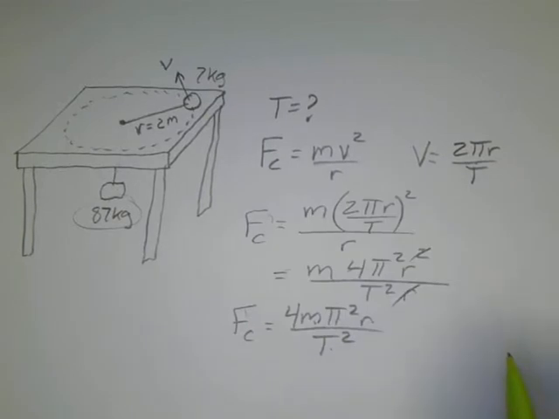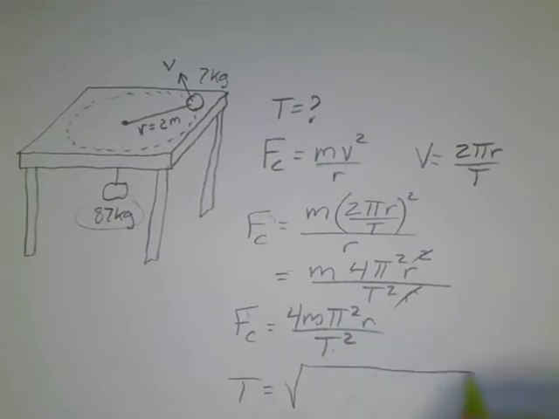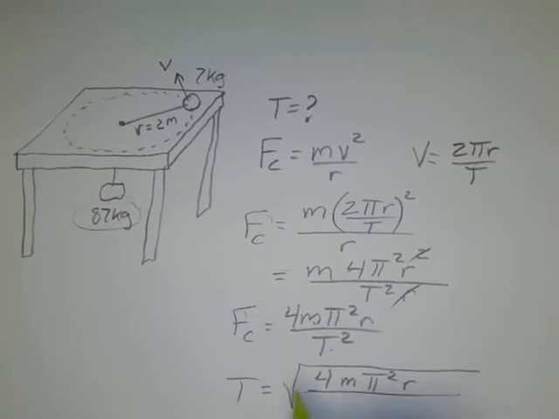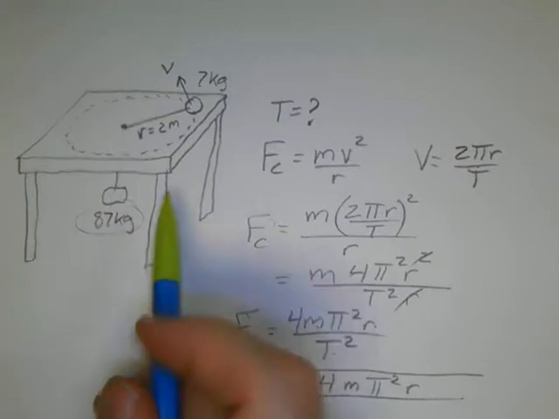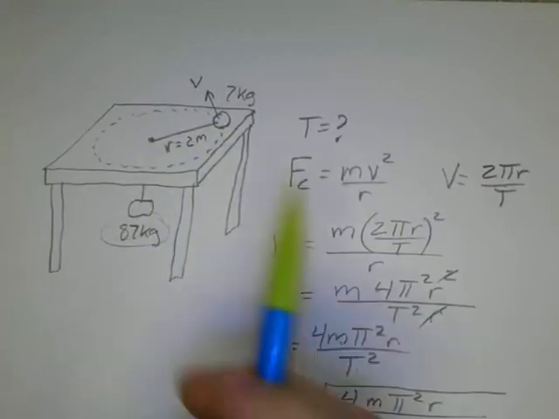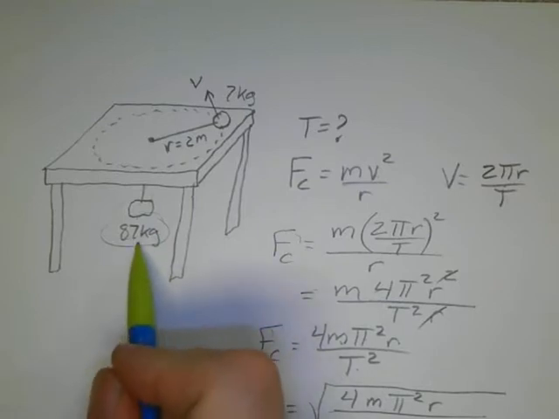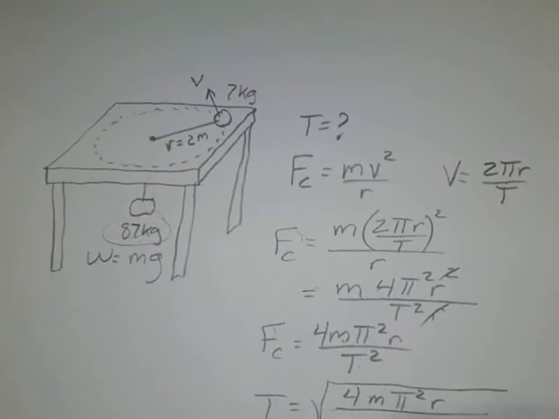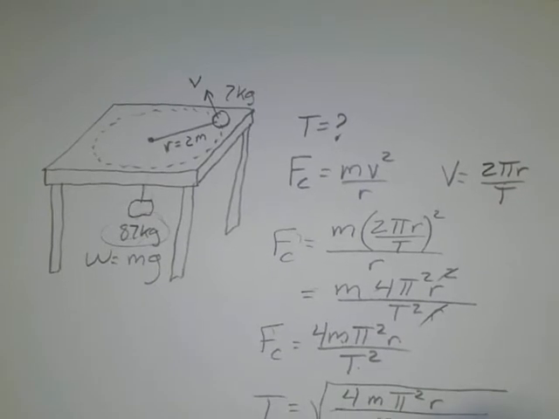So period is equal to the square root of 4 times the circle mass, pi squared r, divided by the centripetal force, the inwards force, which is due to the tension in the string, which is due to the mass hanging at the end of that, which would be m times g, the weight of that object. So this would be m2 times g.